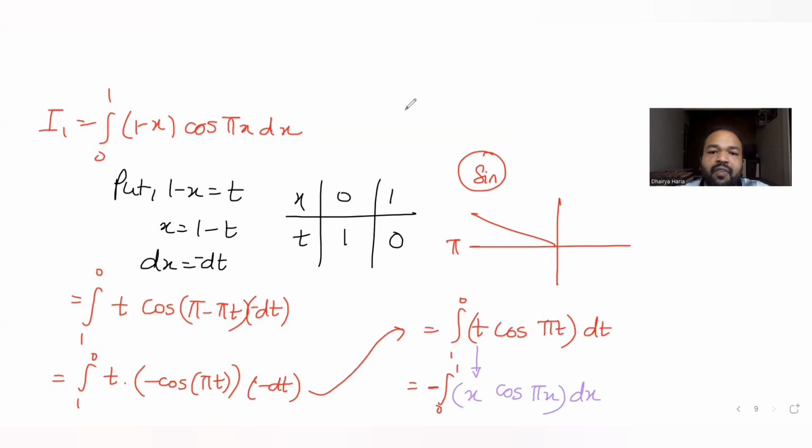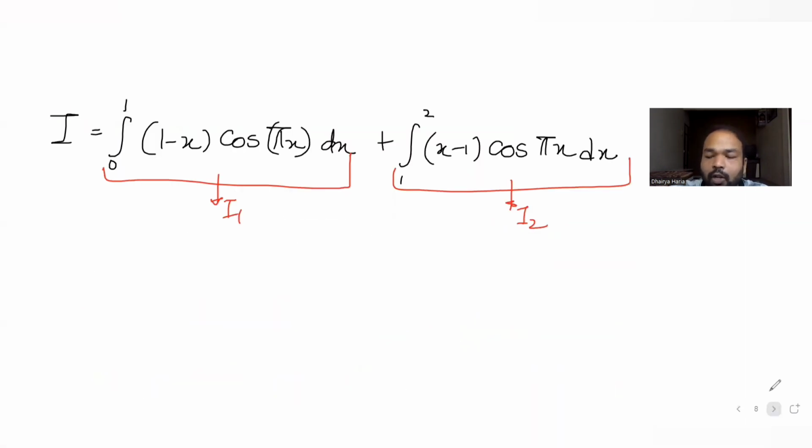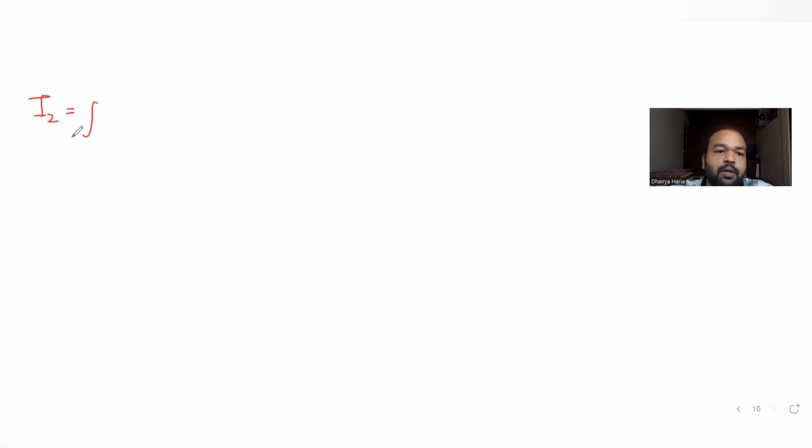Now let's try to find I2 as well. We'll keep I1 as it is. Now to solve I2, it's given, again the limits are from 1 to 2, with x minus 1 and cos of pi x dx. Again, if I put x minus 1 as t, I get x equal to 1 plus t.